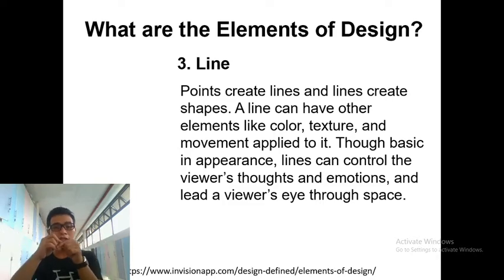I-connect mo siya. One point, another point, nag-connect sila. That's line. A line can have other elements like color, texture, movement applied to it. Though basic in appearance, lines can control the viewer's thoughts and emotion and lead a viewer's eye through space. So yun daw yung line.